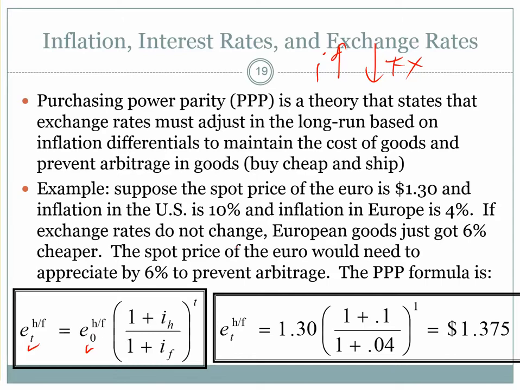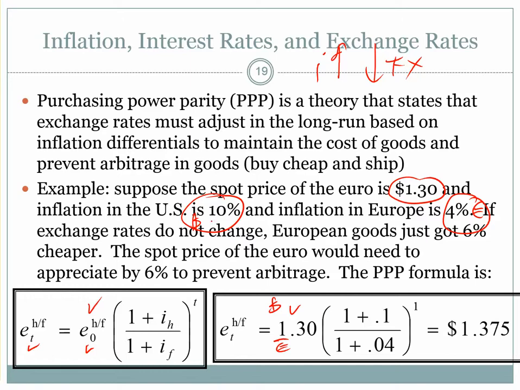So, for example, say the spot price of the euro is $1.30. That's dollar per euro. And inflation in the US is expected to be 10%, and in the euro area 4%. What this equation tells you is, first of all, an approximation is that a currency will fall and rise with a difference in inflation levels.